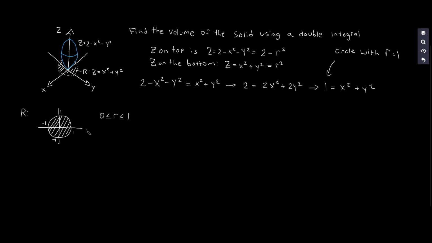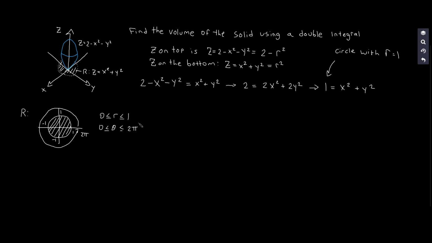Theta is what deals with the angle, but this is a full revolution. And a full revolution is 2 pi. So theta is in between 0 and 2 pi.